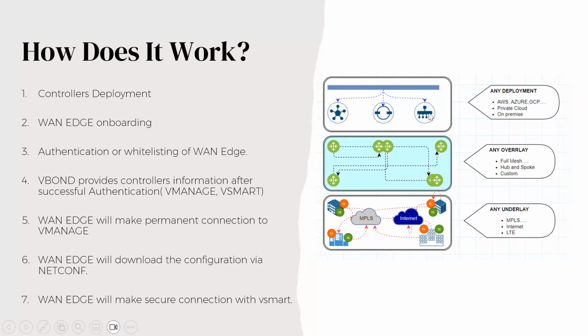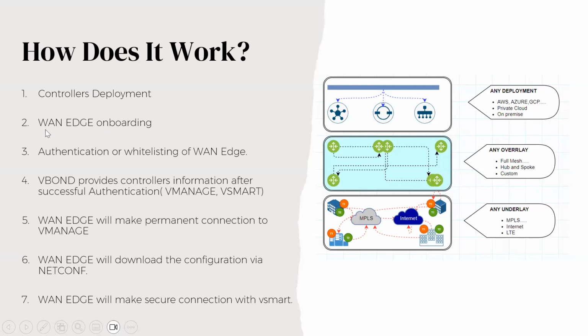Okay. Now, the next thing you need to understand is how we onboard the WAN edge. WAN edge basically means your router on the remote side, your router on the headquarter site. How are we going to onboard this router so that it talks to the controllers and to other remote sites as well, for route exchange and data packet forwarding?